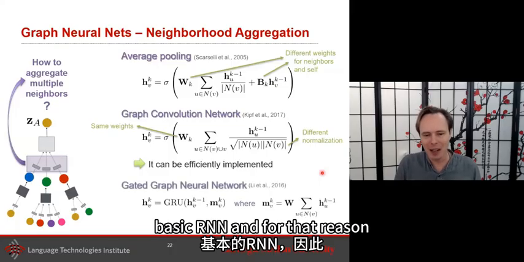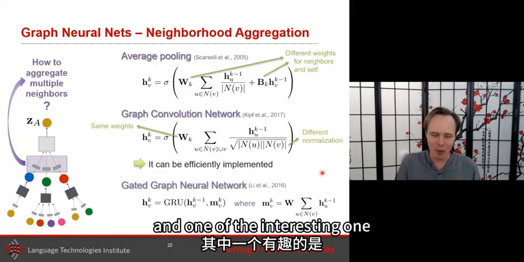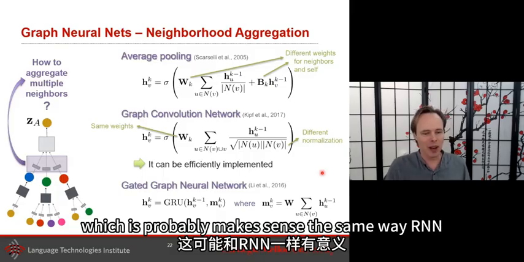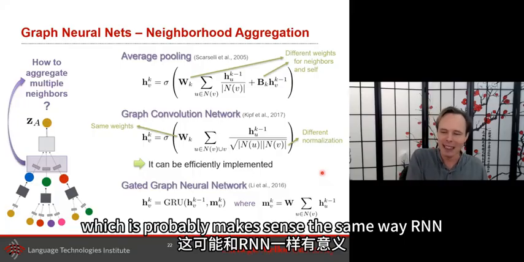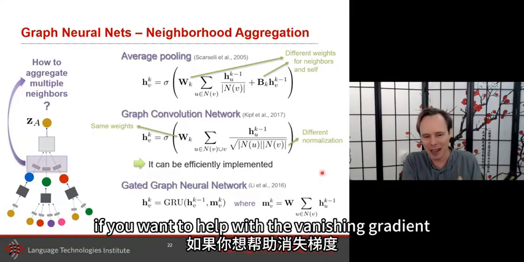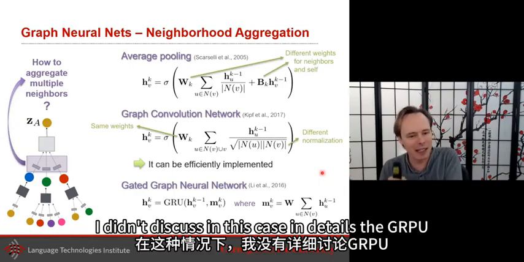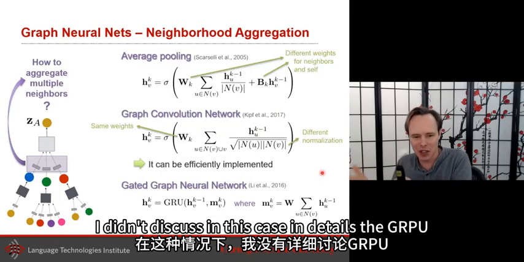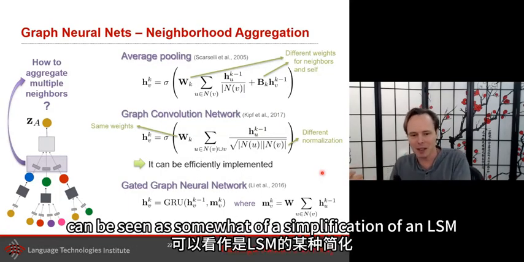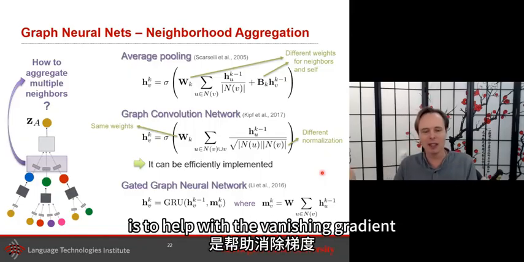And for that reason, people have looked at extensions. One interesting one, which makes sense, is the same way that with an RNN, if you want to help with the vanishing gradient, you can use an LSTM or a GRU. I didn't discuss the GRU in detail. The GRU can be seen as a simplification of an LSTM, but the goal is the same, to help with the vanishing gradient.